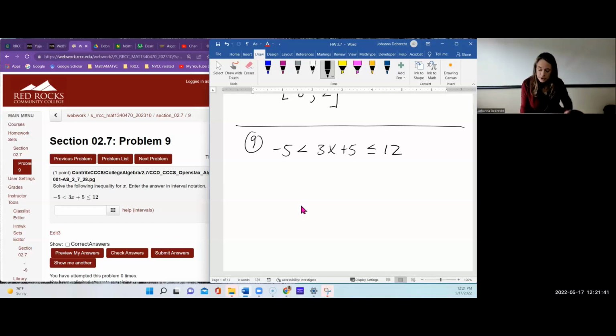I only have the variable term in one location, which is here in the center, so I can work it as a continued inequality. This means that 3x plus 5 is between -5 and 12, and -5 is to the left of 12. I'm going to subtract 5 to isolate the x term.